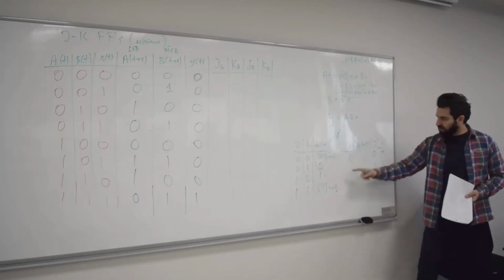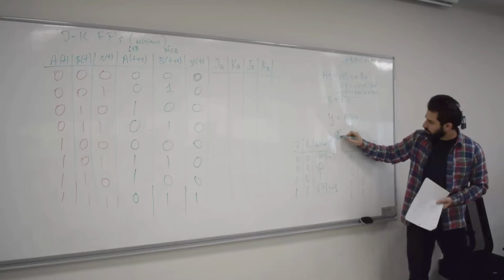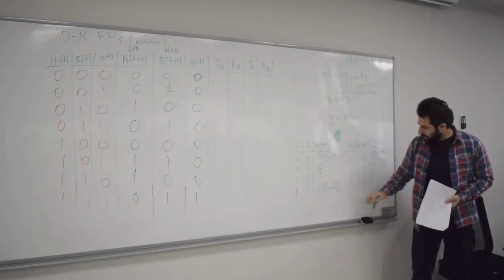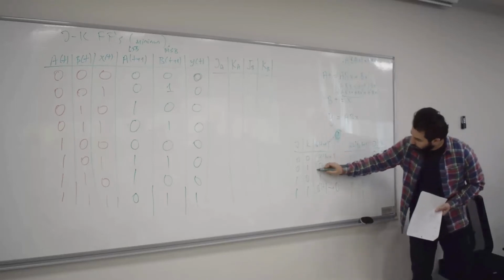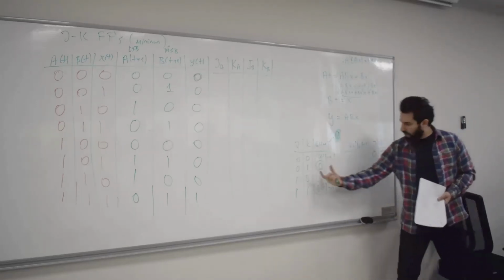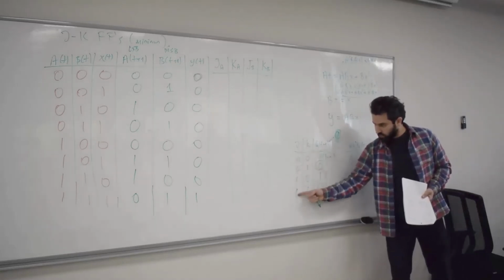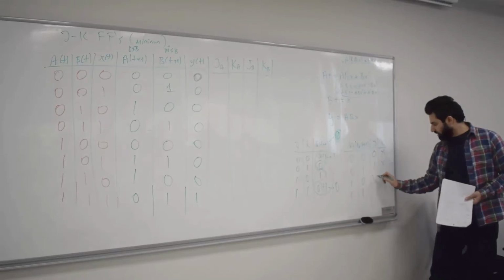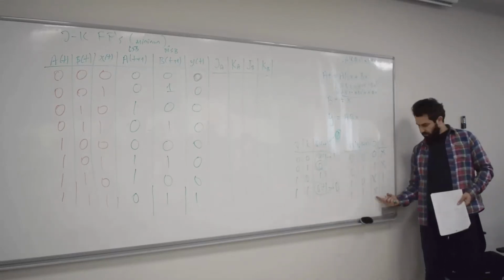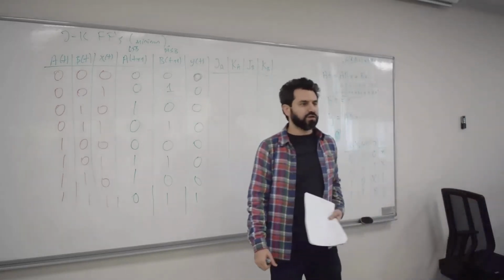Similarly, if QT is 1, and QT plus 1 is 0, then I have to look at these two, right? Because QT plus 1 is 0. When I look at here, K is 1, J is changing. That's why J is don't care, this is 1, and you can also verify that it's don't care and 0. Okay? Using similar logic.